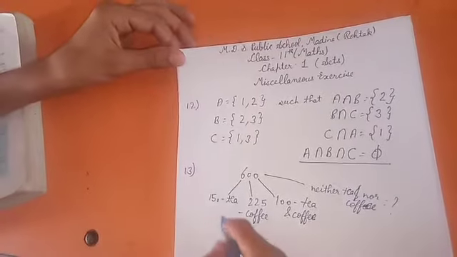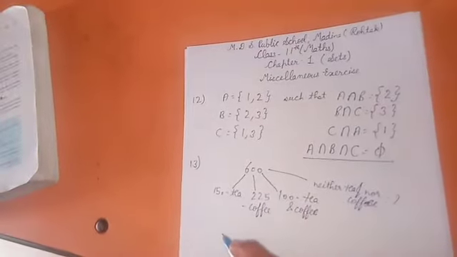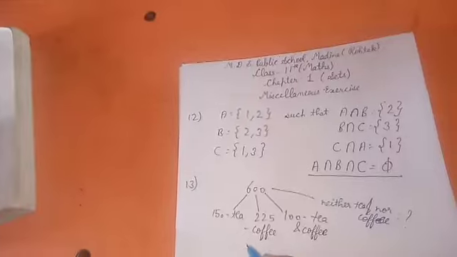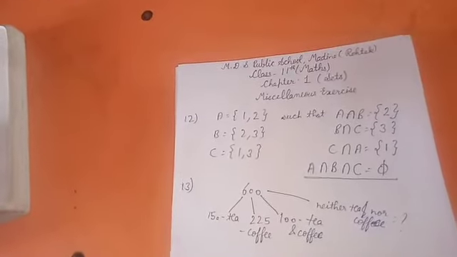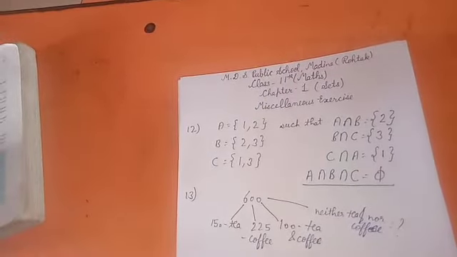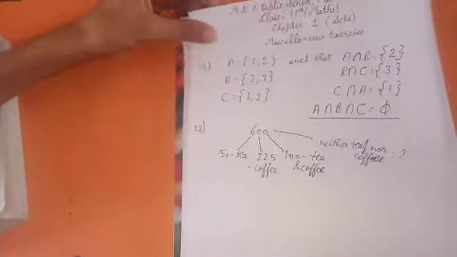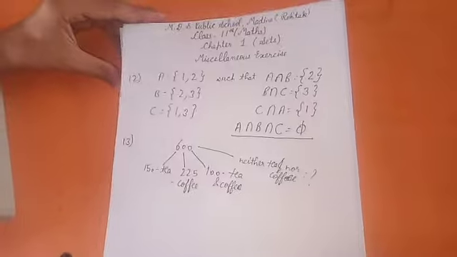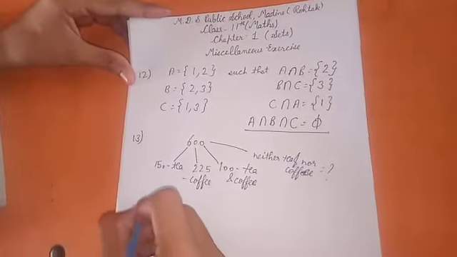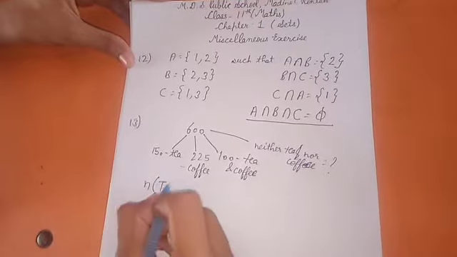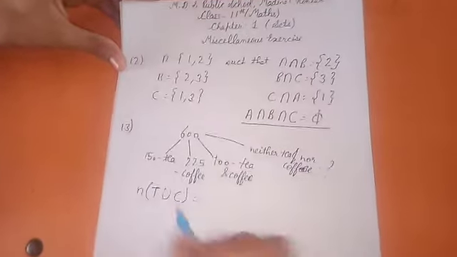Okay, now look, first of all we will find the students who are taking either tea or coffee. Either tea or coffee means we have to take their union. So we will find the number of students who are taking tea or coffee, means their union.